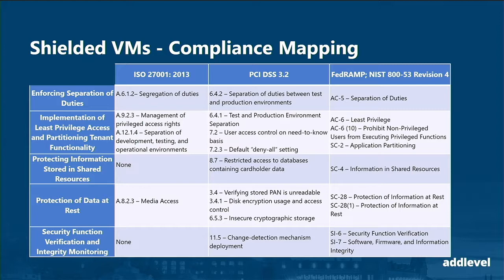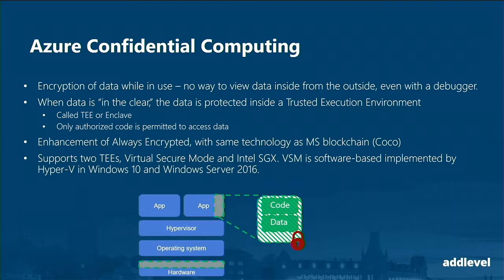And if we continue, this is something new: Azure Confidential Computing, which I think Microsoft released in September. It tries to cover the problem that we've been discussing, data in use. So that's its purpose. It's sort of like shielded VM in Azure.